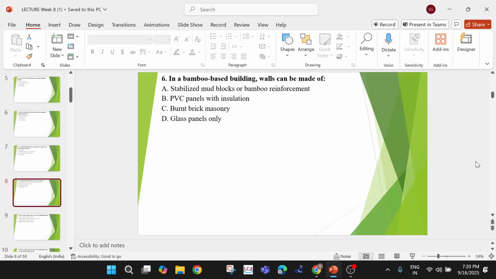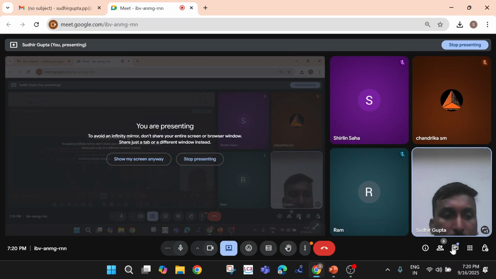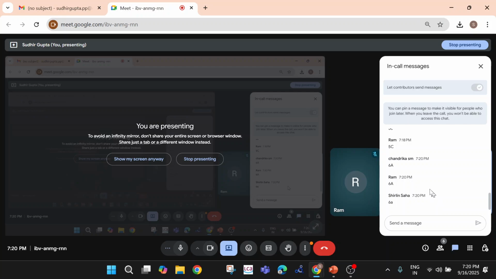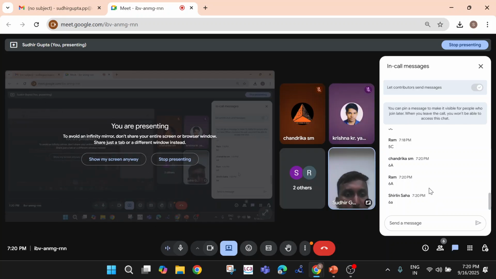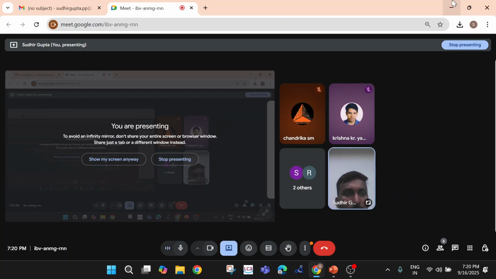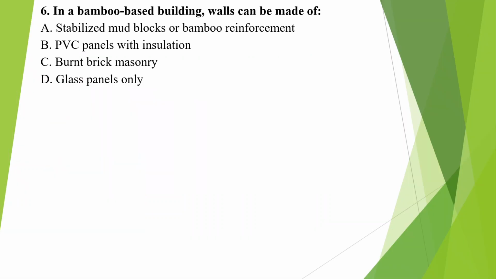Let me see how many of you have answered it till now. Yeah, so as I can see, 6A has been marked by most of you. So for question number 6, option A is the correct answer. That is stabilized mud block or bamboo reinforcement, because bamboo buildings often use bamboo reinforced walls or mud walls, keeping embodied energy minimal and even the sequestered carbon emissions minimal.